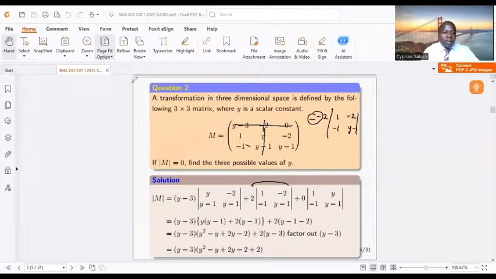Then the next one is not important because we have a 0 there. So anything multiplied by 0 would be 0. It is plus 0 multiplied by the determinant of the matrix that remains when you delete the column of 0 and the row of 0.